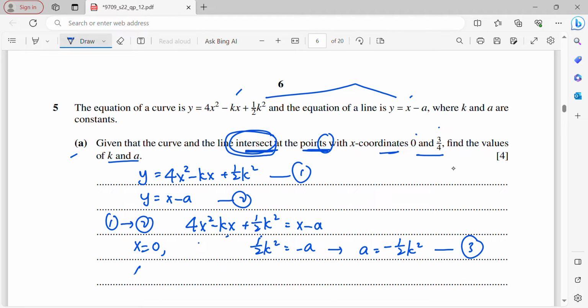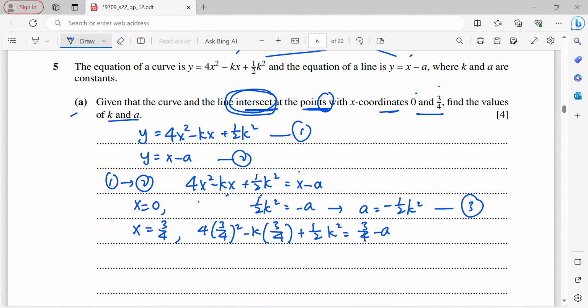Now, when x equals 3 over 4, so 4 times 3 over 4 squared minus k times 3 over 4 plus half k squared equals, the x is 3 over 4, then minus a. This is the fourth. Then I will substitute my a, the third, into the fourth.